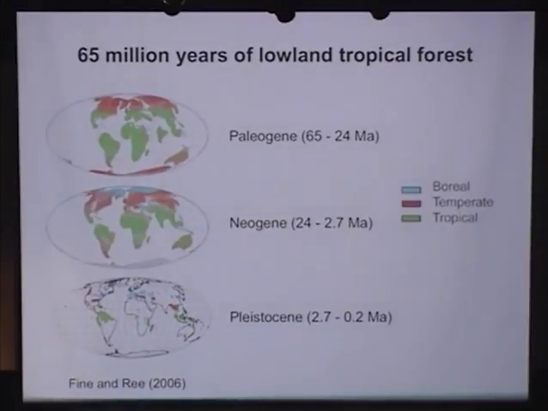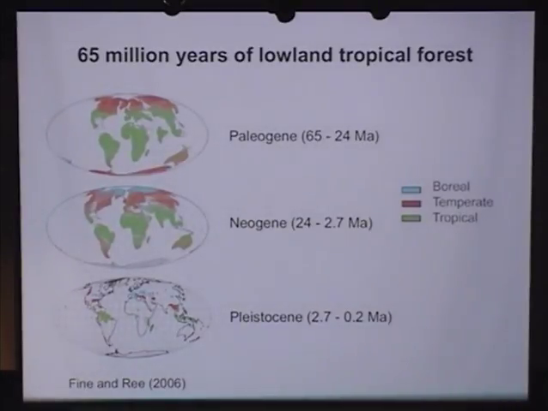I've been interested in the historical approaches to addressing that question, and I tend to think back over long periods of time. We can think of the rainforest as it exists now being established about 65 million years ago, after the KT impact of the asteroid. So we've got 65 million years of tropical forest. Tropical forests have not always been just tropical.